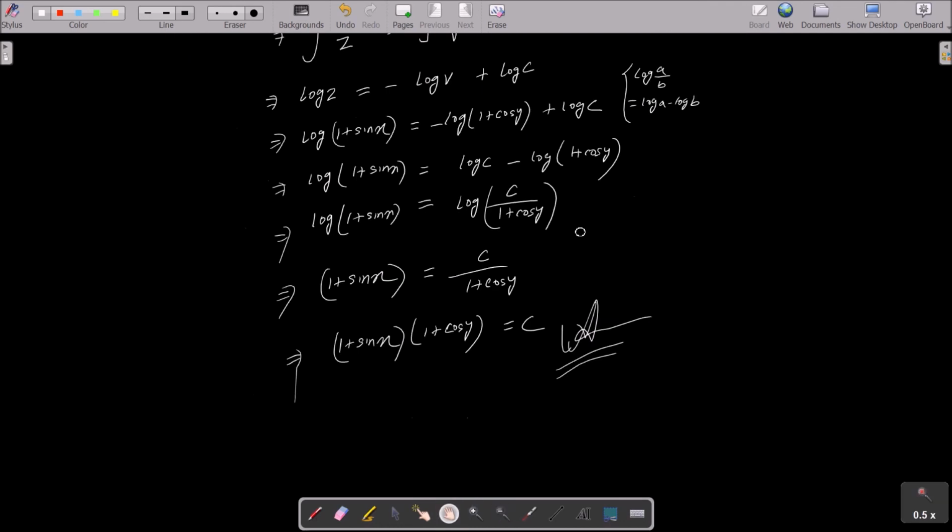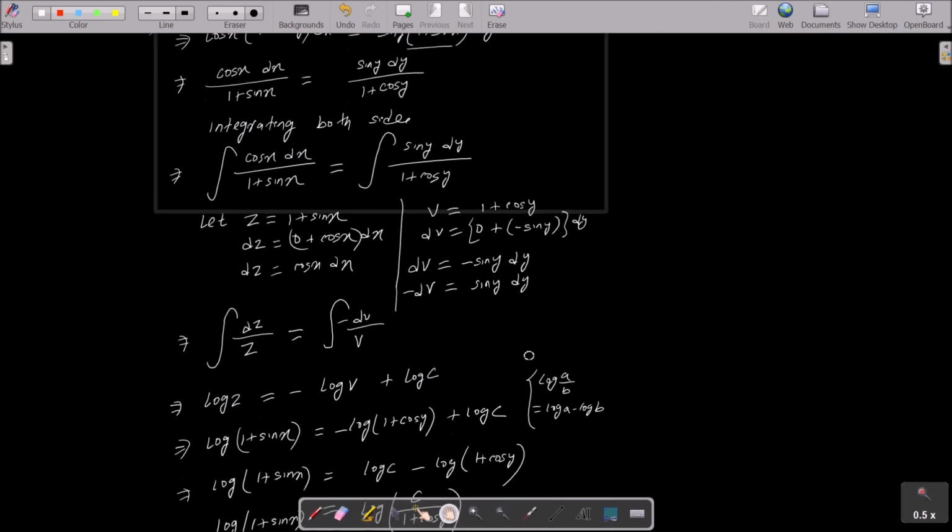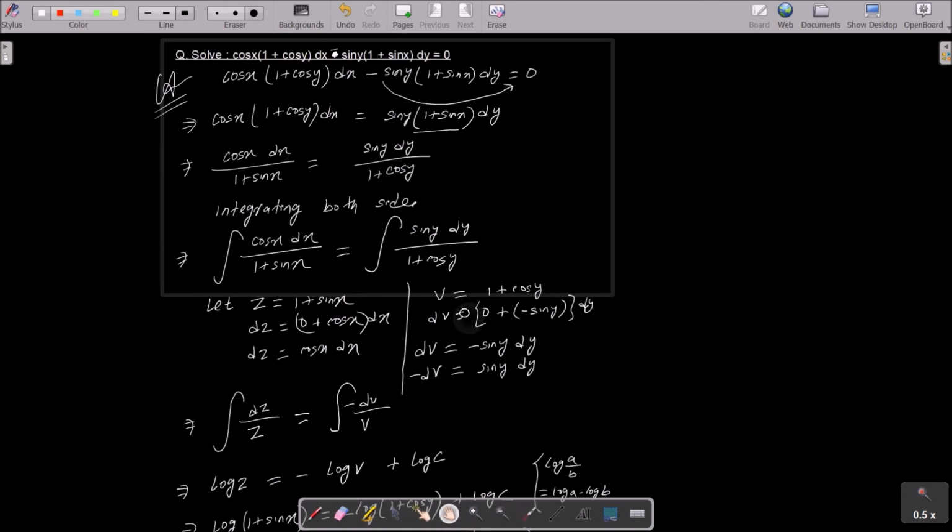Okay, one more time I'm going to repeat all this. First you need to write the given, then the x part you should separate in one place, the y part in another place.